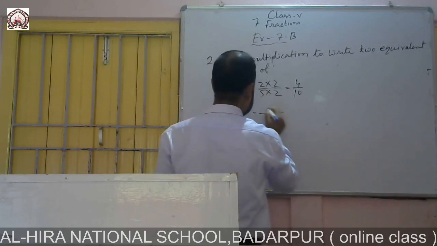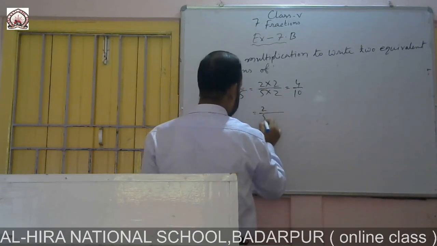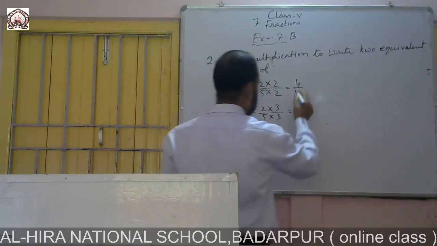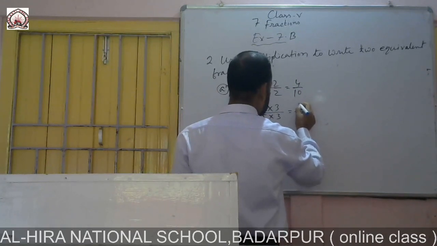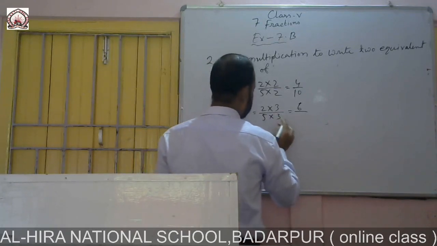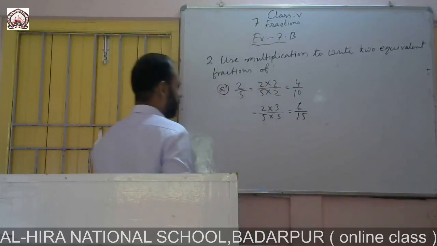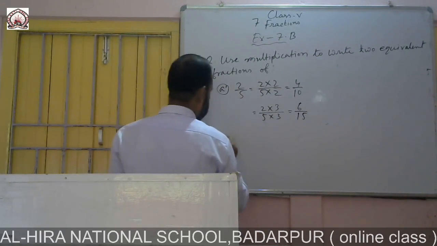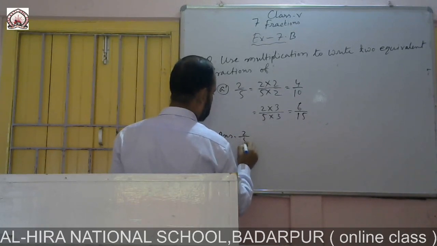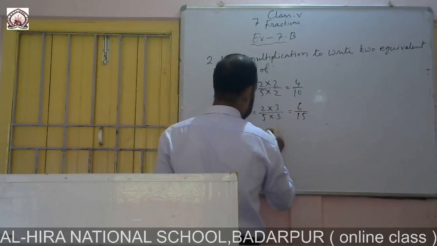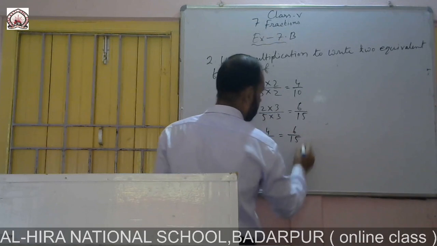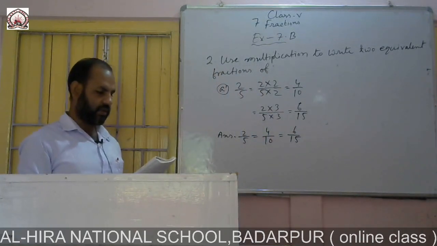Second one is again write this same fraction into 3. So it is 6, 2 3s are 6 and 5 3s are 15. So here we can write answer 2 by 5 equal to 4 by 10 equal to 6 by 15.